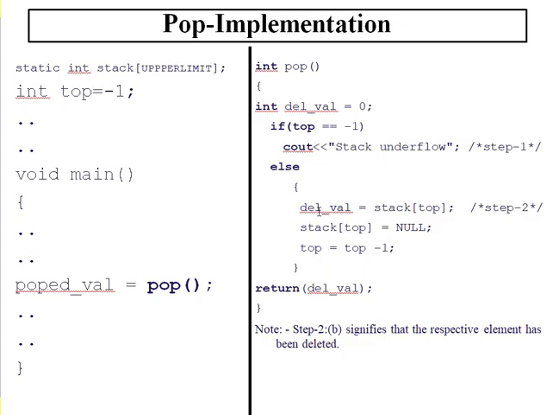So we can first assign the value that will be popped from the top of the stack to the del value variable. Once we have taken that value and assigned it to del value, we can fill that slot with a null value.